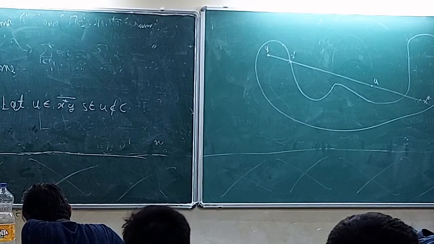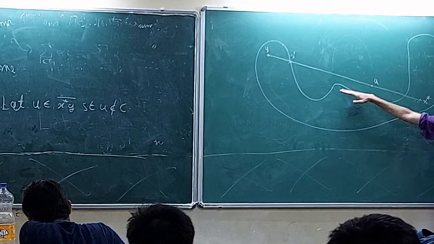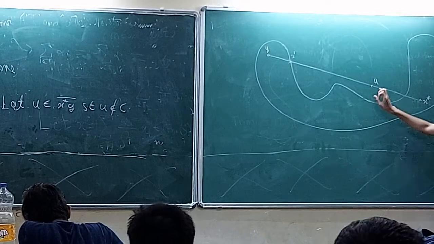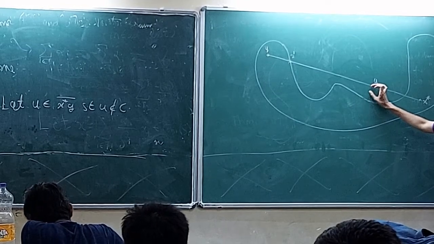Now, what we do is, this point u, we look at its distance from this convex set C. So say whatever the distance is, we halve that distance.